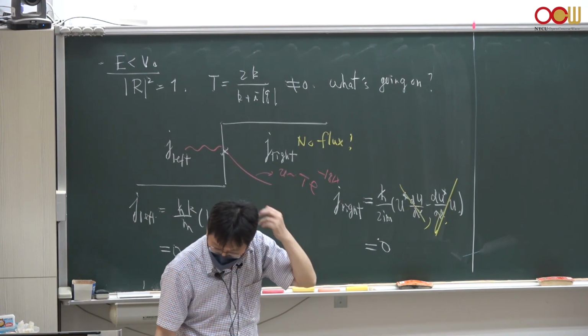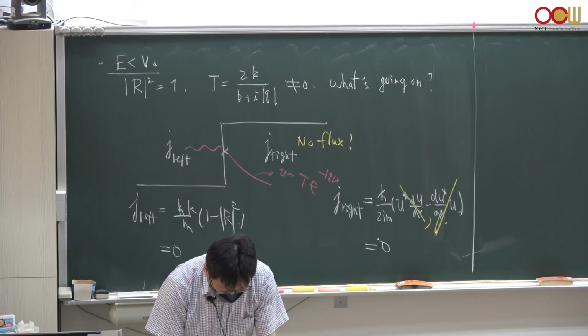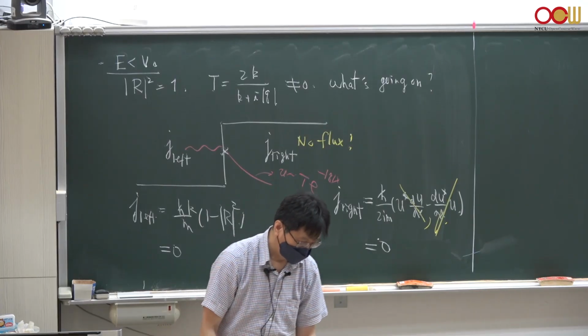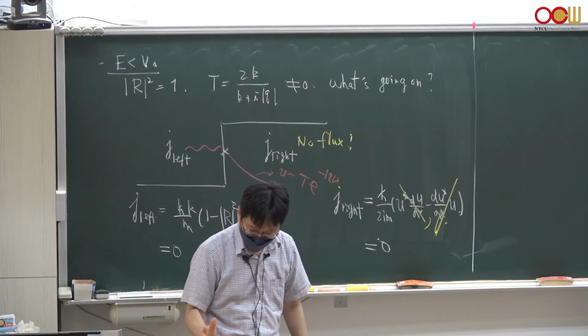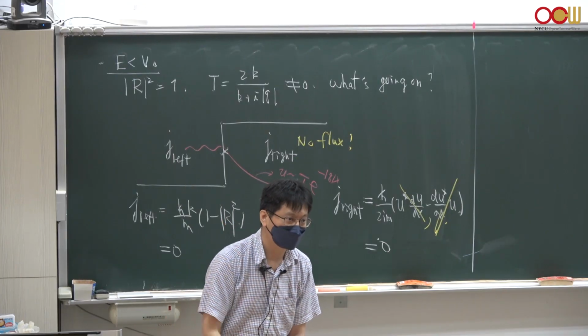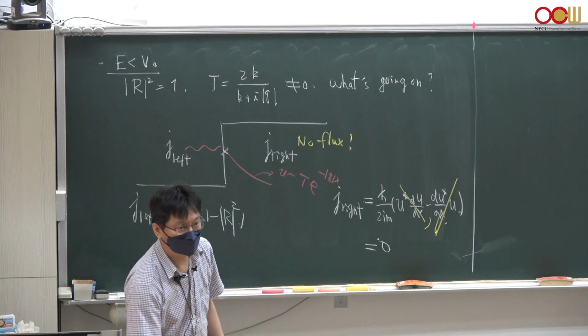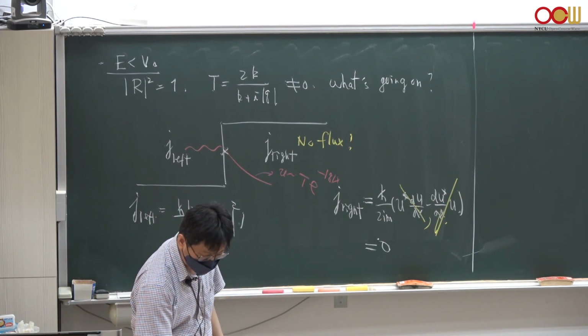You will get the answer next time. So think about this. Challenging, difficult and counterintuitive quantum mechanical results. There's something inside the barrier, but you don't know, because you detect no flux. So let's end today's lecture.